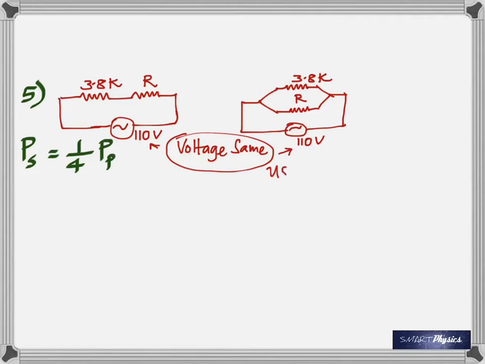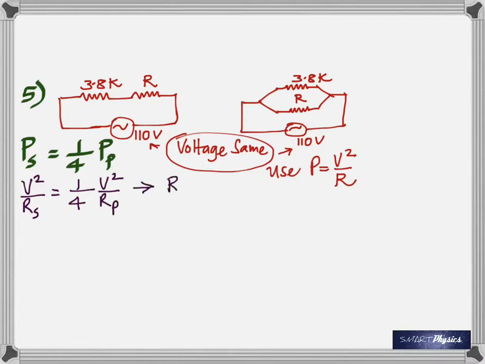Important thing is that in this case the voltages are equal across both because it's a parallel connection, and therefore since the voltage is the same, we'll use this relation for power. The rule is that you always have to use the equation that has one constant and then the other is the variable that the problem is talking about.